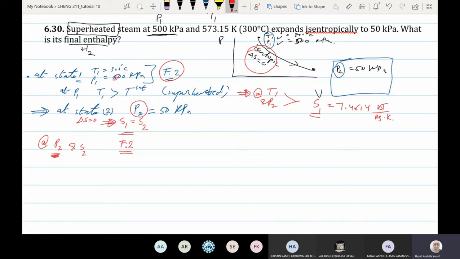So when you go to table F2 at a pressure P2, my P2 is how much here? According to the question, it is 50 kilopascal. When you go to table F2 at 50 kilopascal, you will go horizontally. There are two columns here which show the saturated liquid and saturated vapor properties.